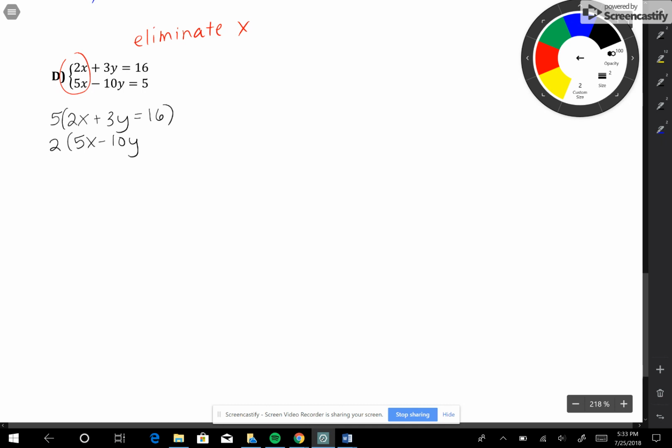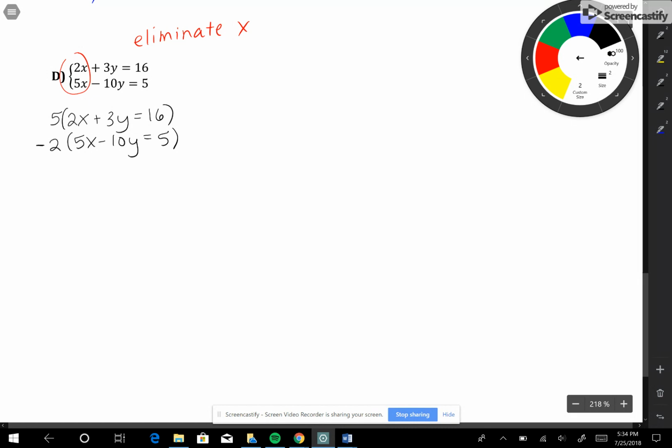Pretty easy to see. We just multiply the equation by the other coefficient. So see 5 up here, 2 down here. Okay? Unfortunately, if I just multiply those, I'm going to end up with a positive 10x for both of them, and those will not cancel. So I have to make one of these negative. I'm just going to make the 2 negative.